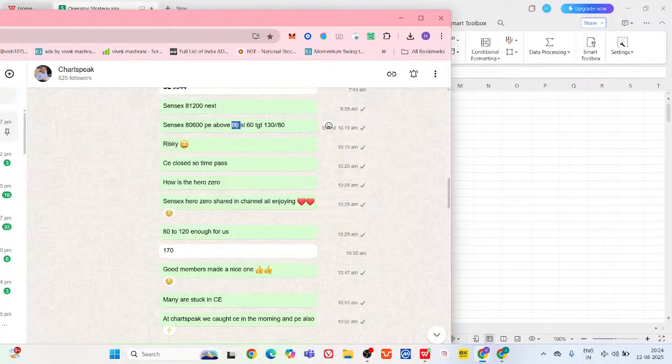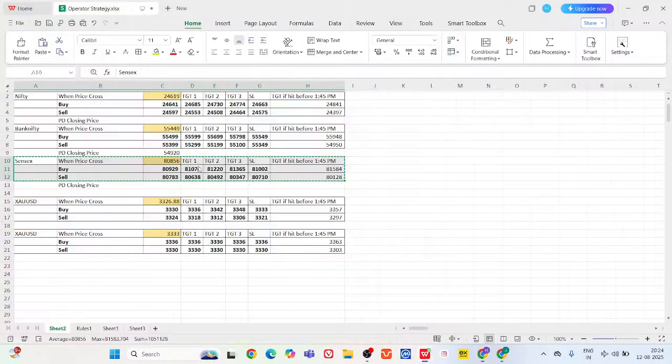So from 80, it went to 380. Of course, stop loss hit. I agree, stop loss hit. But as per my rule, I re-enter this 80 again and trade. So almost 3 to 4 times this crossed and we got a very good trade. Of course, we also took CE and other trades.